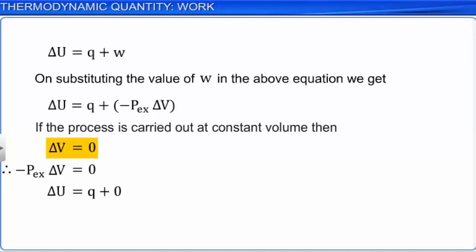Therefore, work done is also 0. Hence, at constant volume, delta U equals Q_V, where Q_V is heat supplied at constant volume.